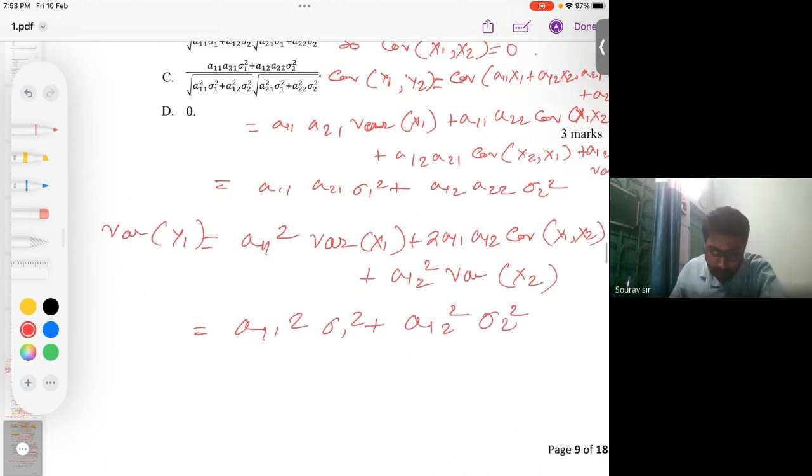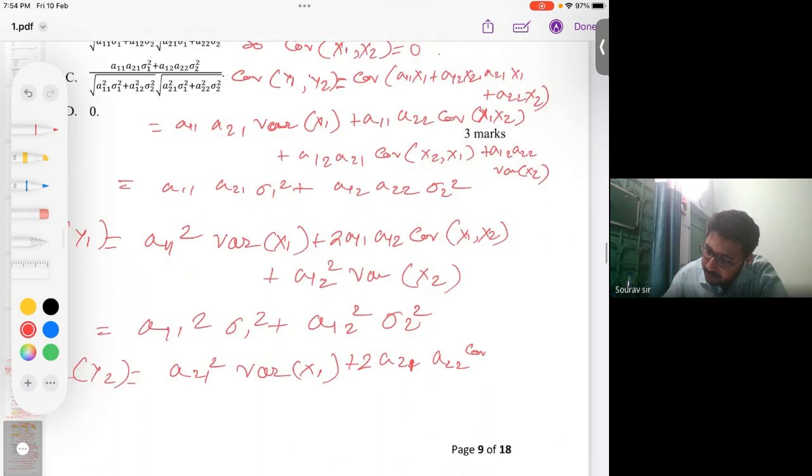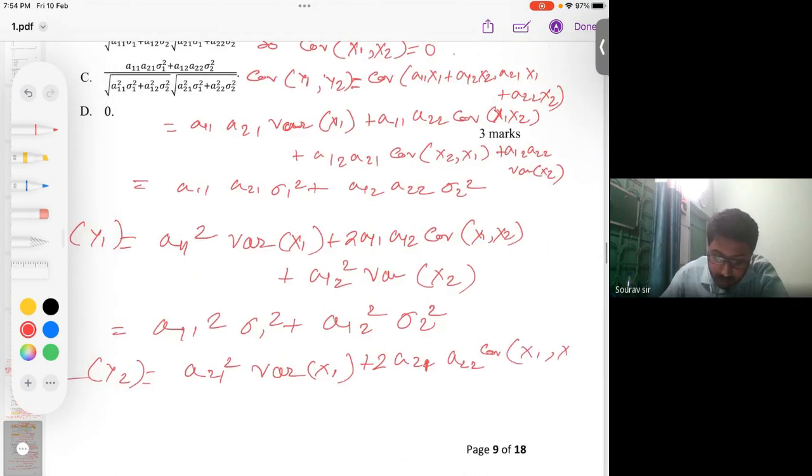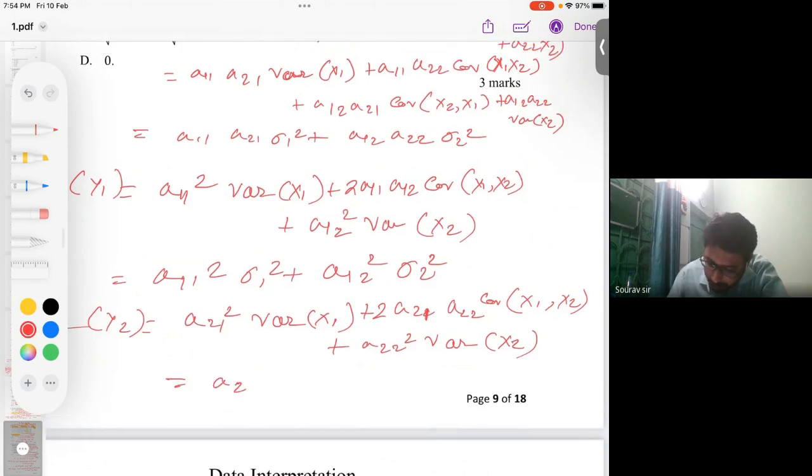Similarly, the variance of Y2 is equal to a21 square variance of X1 plus 2 a21 a22 into covariance of X1 X2 plus a22 square variance of X2. So it can be written as a21 square sigma 1 square plus a22 square sigma 2 square.